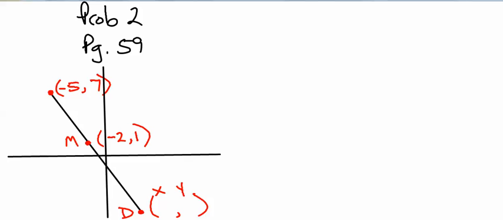Let's just pause here. Remember the formula. Endpoint plus endpoint divided by 2 equals midpoint. Because we're looking for the X value at the endpoint.